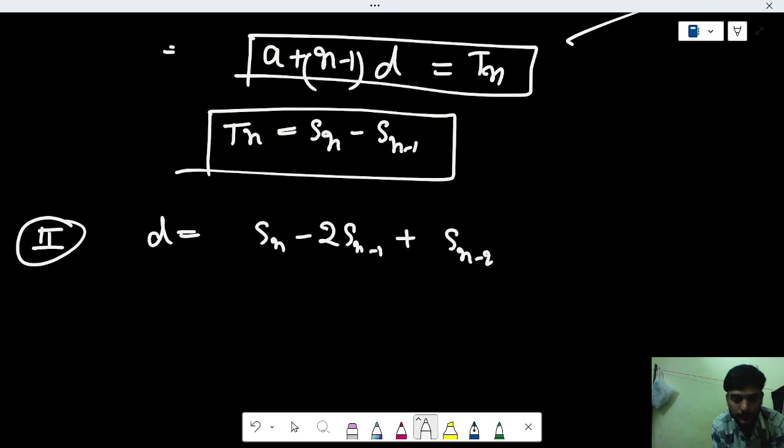Third property, this is how we can solve these properties, how we can prove these properties.